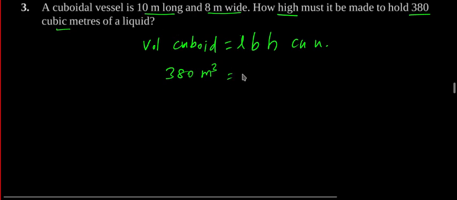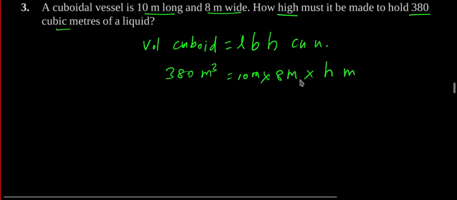And length is 10 meter into breadth is 8 meter into height we don't know. So totally cubic meter, 2 square meter is here, so definitely it will become meter.